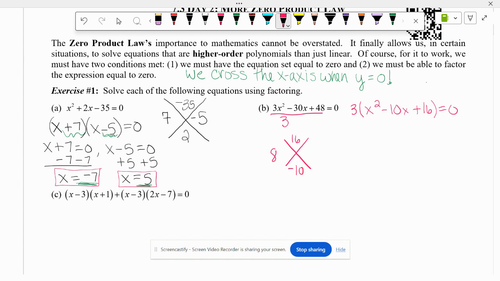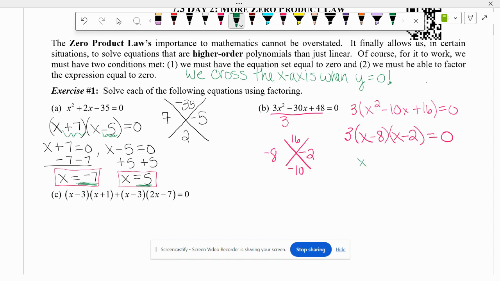Well, I know that 8 times 2 is 16. If I make them both negative, negative 8 times negative 2 is also 16, and their sum is negative 10. So my factors are 3 times the quantity x minus 8 times the quantity x minus 2. This whole function equals 0, right?